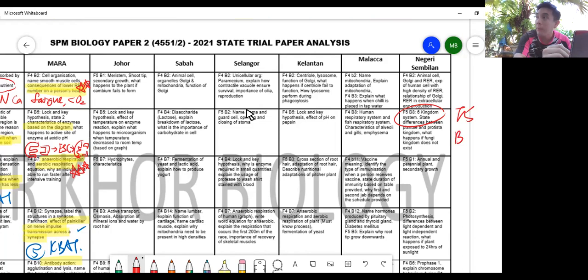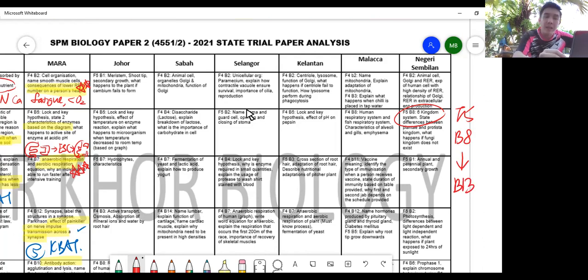they ask many questions from which chapters? From chapter 8 to chapter 12, variation. In fact, 13, I will put all the way to 13.